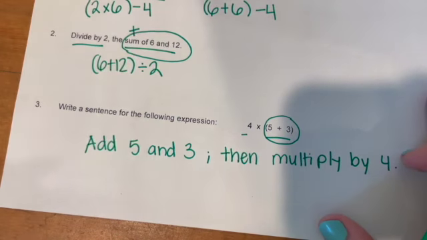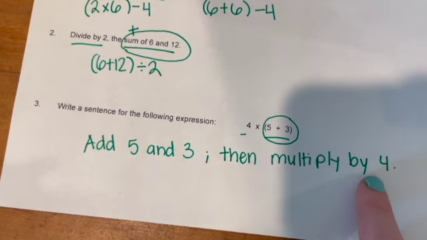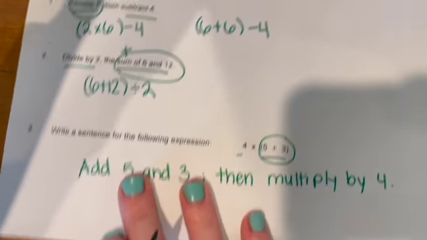There's other ways you could have said it. You could have said, find the sum of 5 and 3, then multiply by 4. Many different answers. This is going to be the example that I'm going to show you tonight.